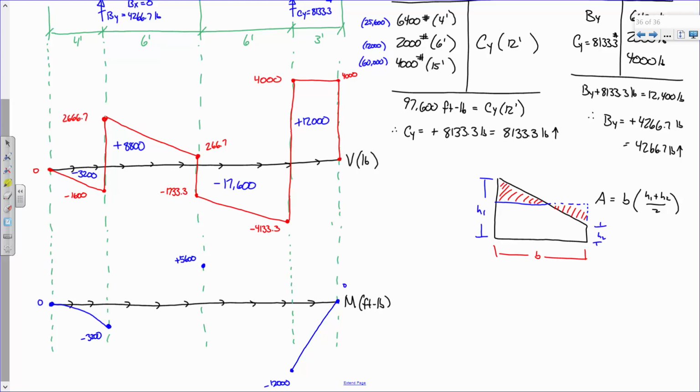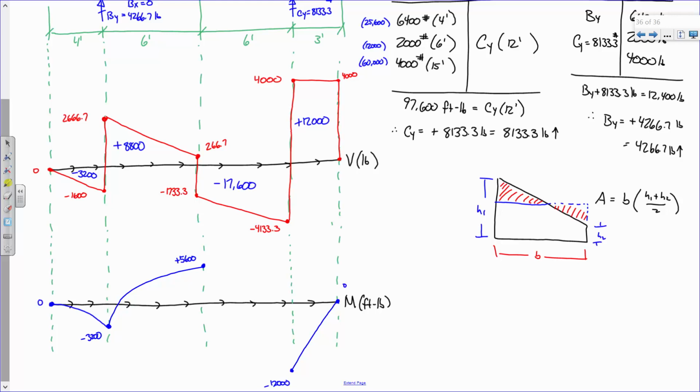Lot of slope, remember a line with a high slope, lot of slope to a little slope. So it looks like that. Next region, magnitudes. Little bit of shear to a lot of shear.